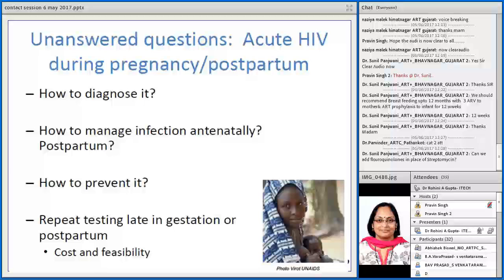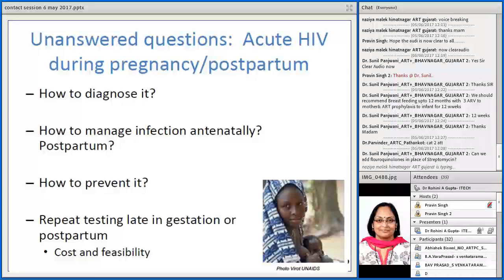Now, what are the unanswered questions? That is acute HIV during pregnancy or postpartum. How do we diagnose it in resource-limited countries? These are the questions which remain unanswered. How to manage infection antenatally and postpartum in acute HIV infection, how to prevent this, and one important thing is repeat HIV testing late in gestation or postpartum.